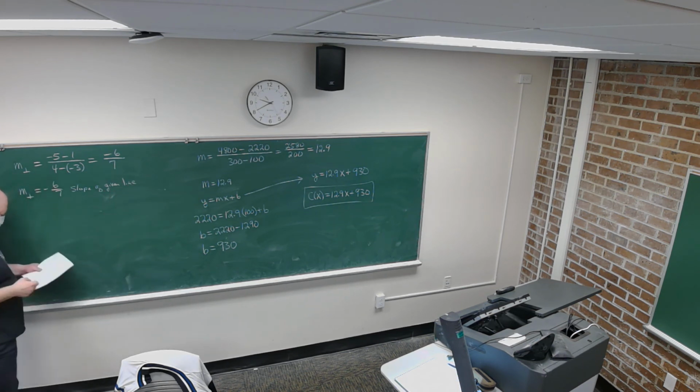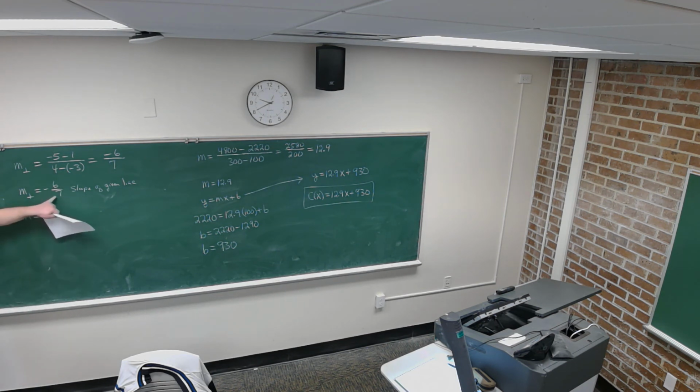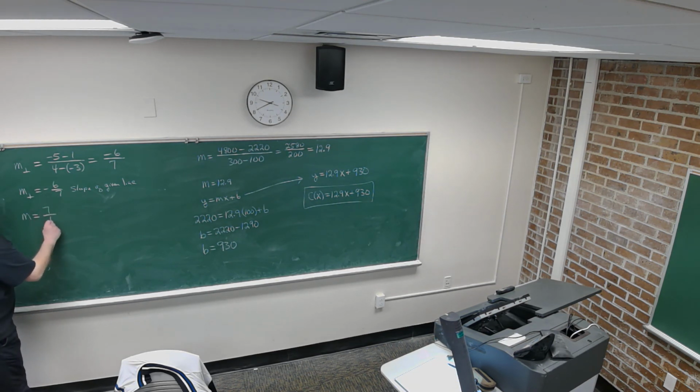Okay. Well, the slope of the line that's perpendicular to this one is the negative reciprocal of -6/7, right? So the negative of negative is positive, and the reciprocal of 6/7 is 7 over 6. So the slope of the perpendicular line is 7/6.